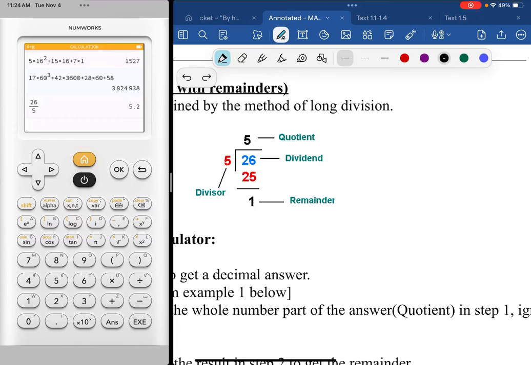So if I take the 26 and divide it by 5, the divisor, I get 5.2. So I drop the decimal, multiply it by the divisor, and get that result of 25, which I then subtract from 26. You're basically seeing how many times 5 goes into 26 evenly, right? It'll go in 5 times, giving you a result of 25. Whatever's left over is your remainder.